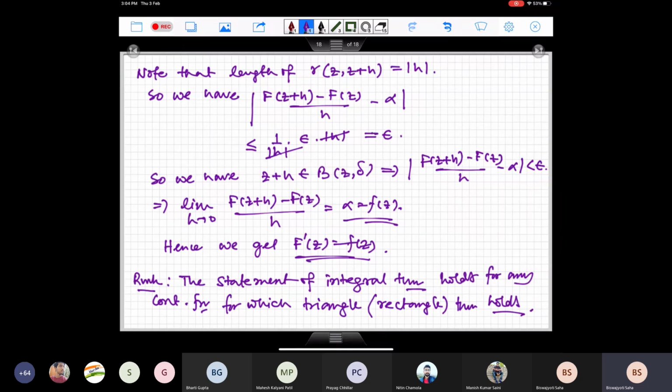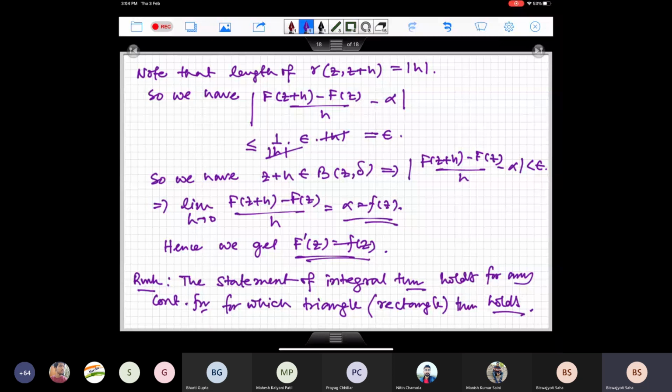Yes, sir. Okay, so this is one point which I would like to highlight. Of course, the integral theorem is important, but you also need to understand that it holds true whenever you have the triangle theorem together with continuity.